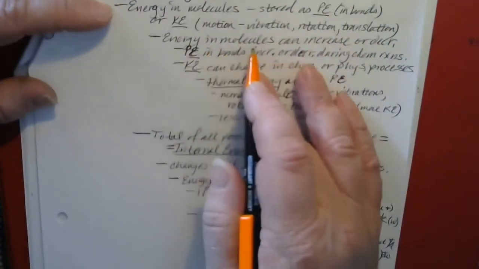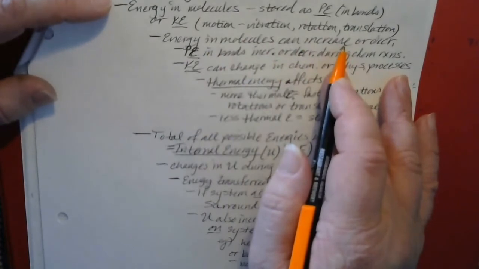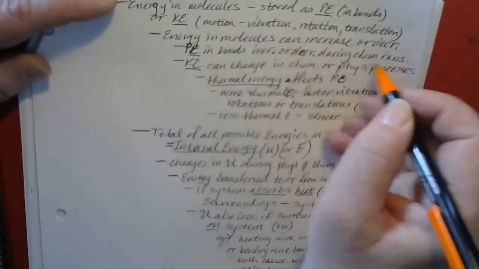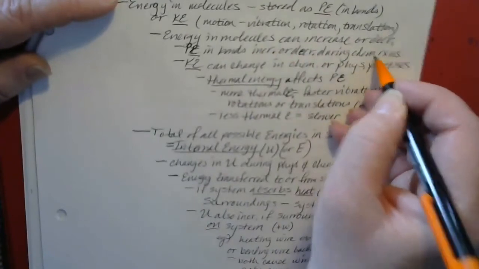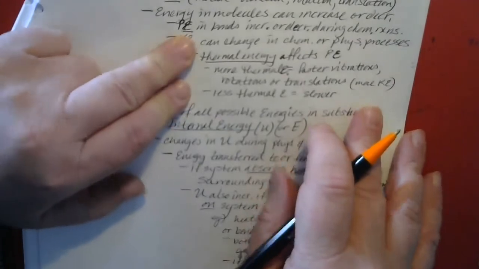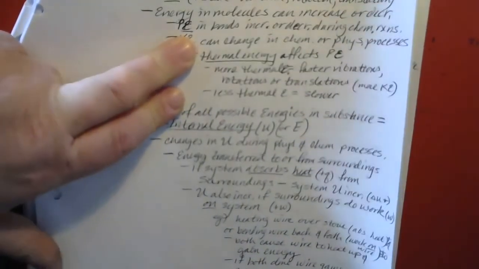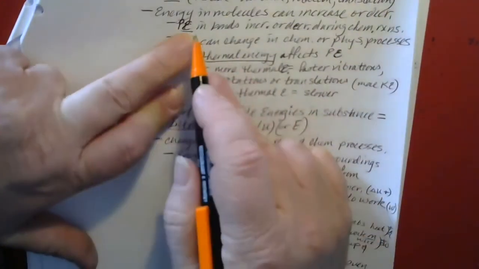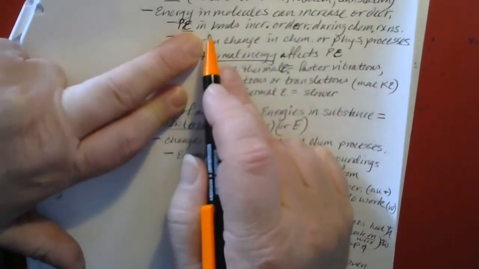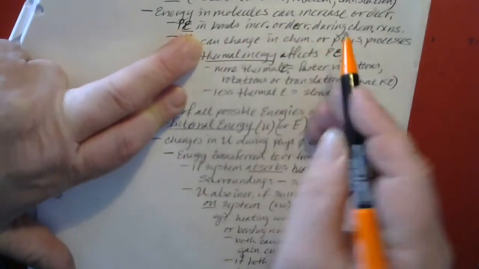And basically, you can increase or decrease the energy content of the molecules during a process, whether it's a chemical process or a physical process. Potential energy is mostly changed during chemical processes because that involves breaking or forming bonds, and that's what chemical reactions are all about.